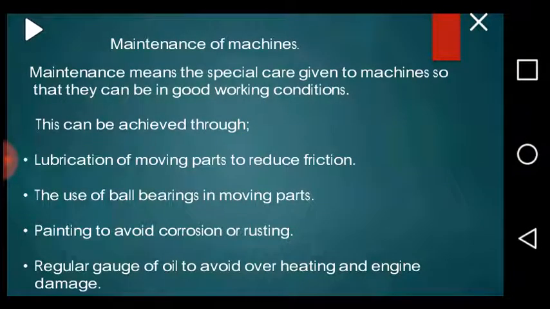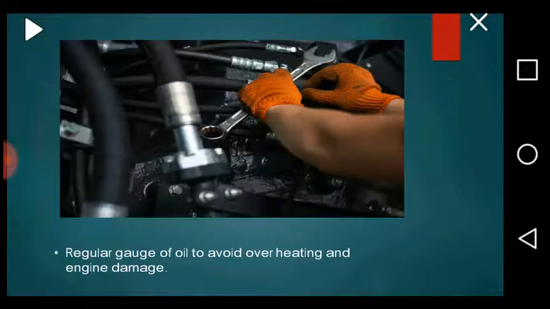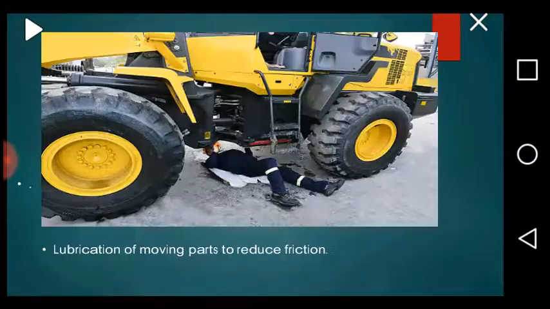Next, we look at maintenance of machines. Maintenance means the special care given to machines and other facilities so that they can be in good working condition. And this can be achieved through the following means.